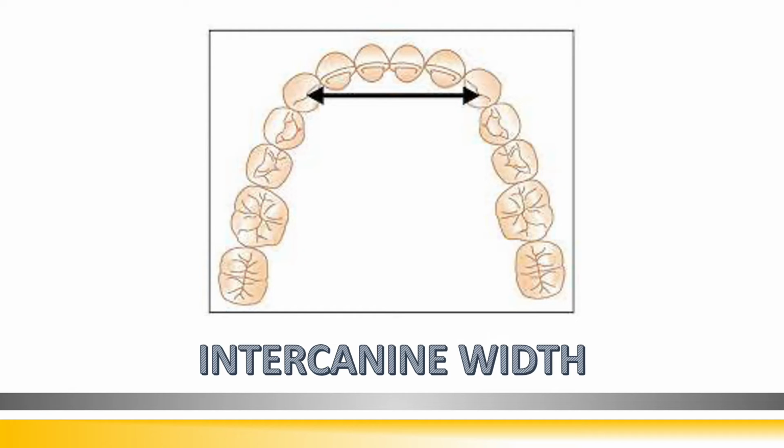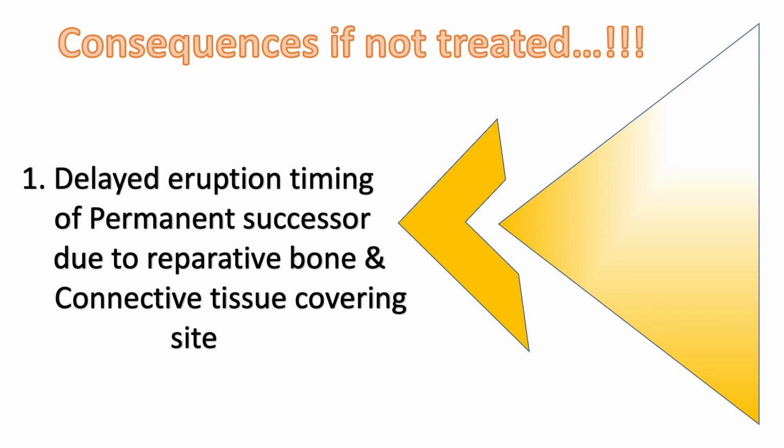Then in that case, there will be delayed eruption. Okay, delayed eruption of the permanent incisor that is going to come at its place, because the connective tissue and the bone that is there is anyways going to become harder and harder and is going to disrupt or stop the eruption of permanent incisors.